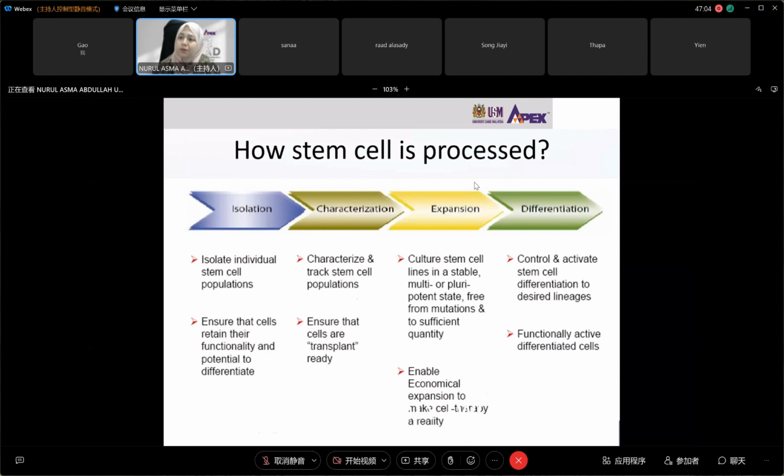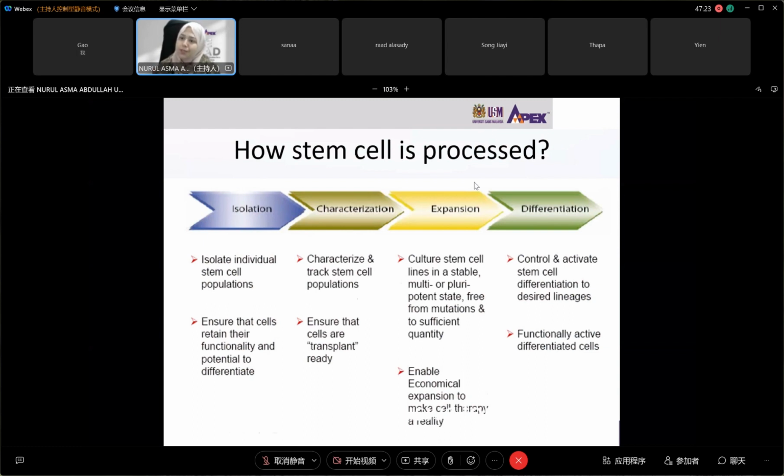Okay, so CD is a cluster of differentiation, or the protein at the surface of cells. Because this is master level, I don't have to go back to the basics, right? So CD, I think you have learned CD4, CD8, kan?